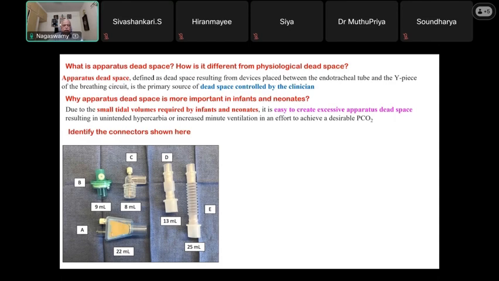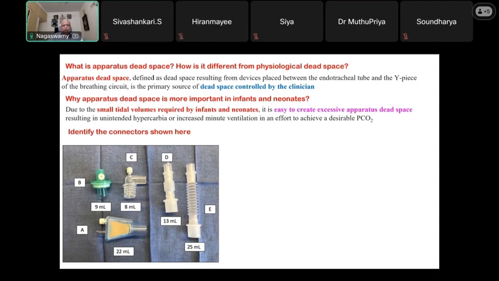This is a bacterial filter adapter. This is an HME filter. And what is this C? Any name for this? This is called an elbow connector, right angle elbow connector. And what is this catheter thing for? ETCO2 connection. Fantastic. Very good.